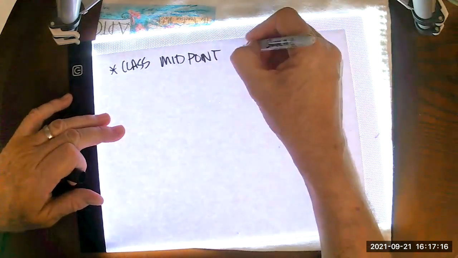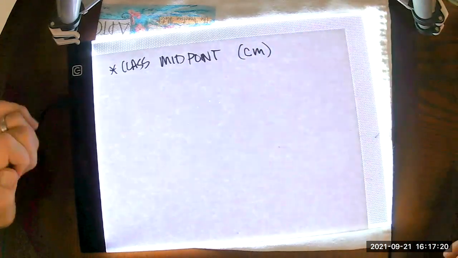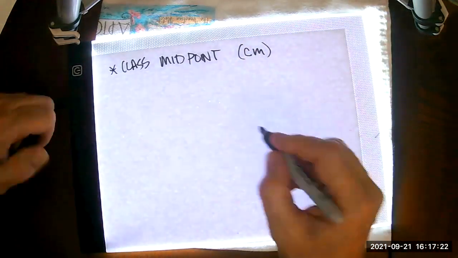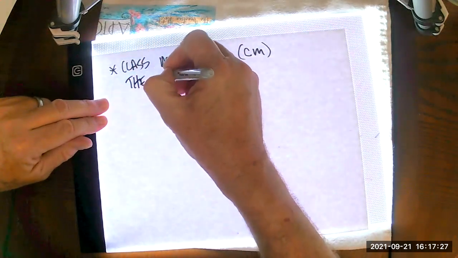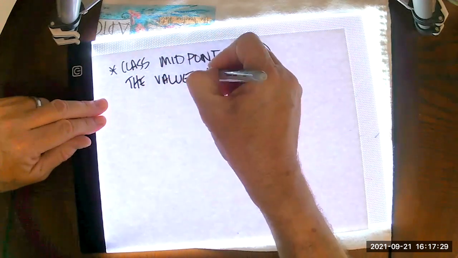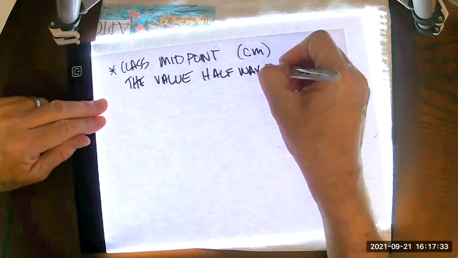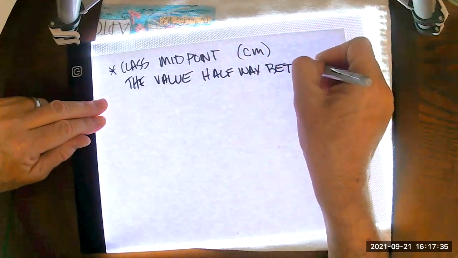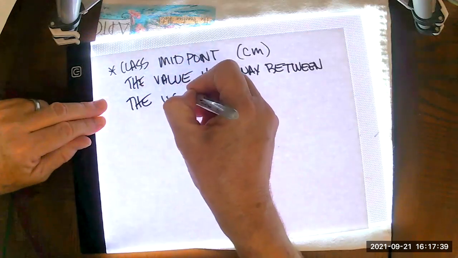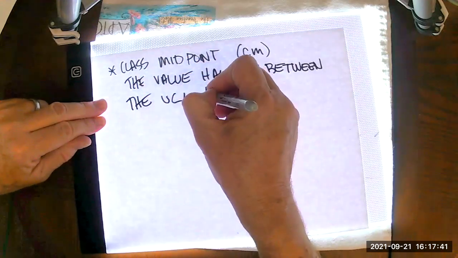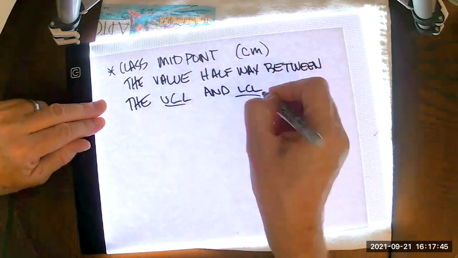Class midpoint. I like CM for that. This is the value halfway between the upper class limit and the lower class limit.